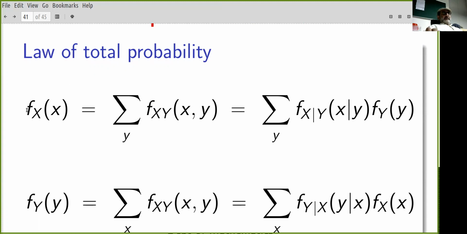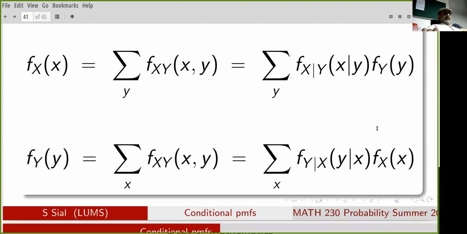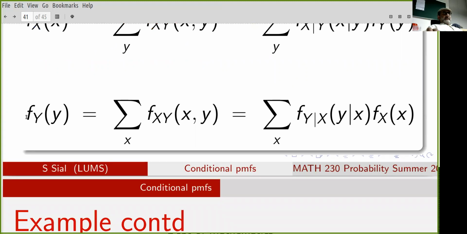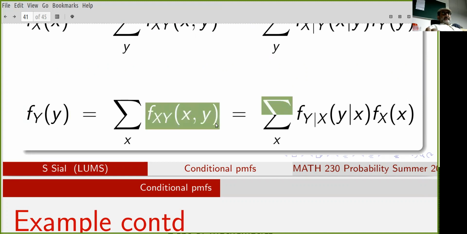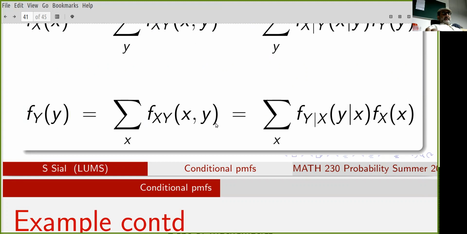So you can rewrite your marginal for x on the left-hand side by this on the right-hand side if you like. Remember that this appears, for example, in our Bayes rule, so you can replace the denominator in the Bayes rule by this if you like. Similarly, the marginal for y is given by summing out all the x's, and you can replace the joint PMF for x and y with the conditional for y given x times the marginal for x.